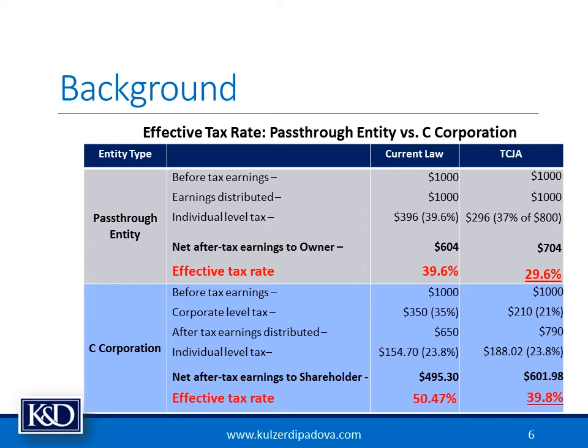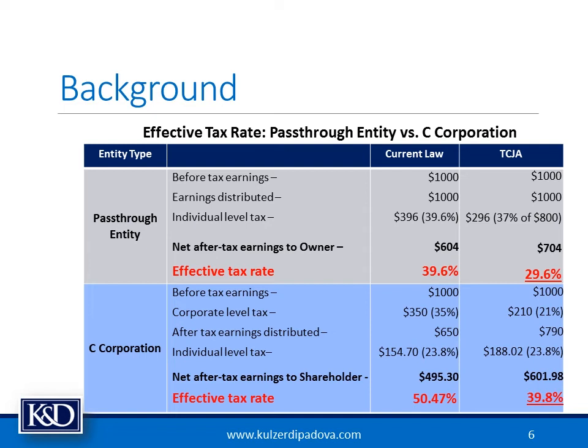If you were a C Corp, you were paying double tax, so you had a 35% top corporate tax rate, in addition to a 23.8% capital gains or dividend rate. So your combined effective tax rate was 50.47%, meaning there was roughly a 10% spread between operating as a pass-through and a C Corp.